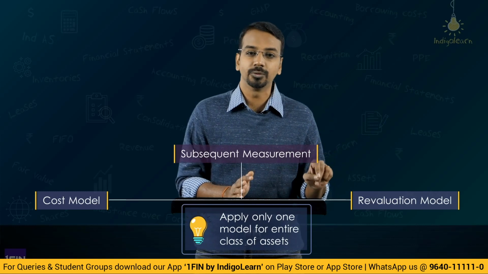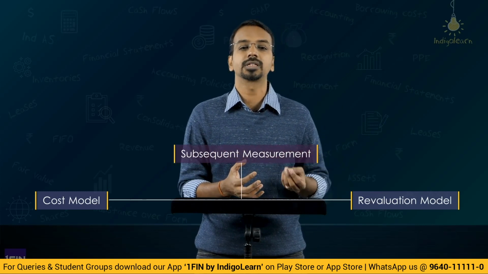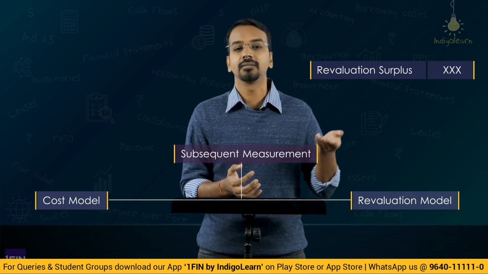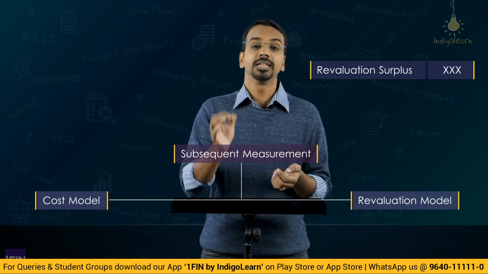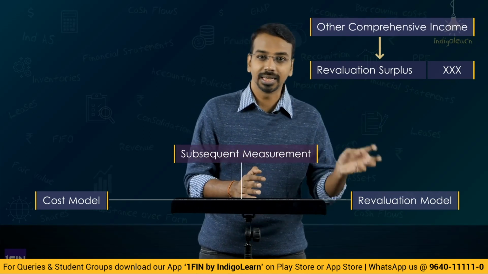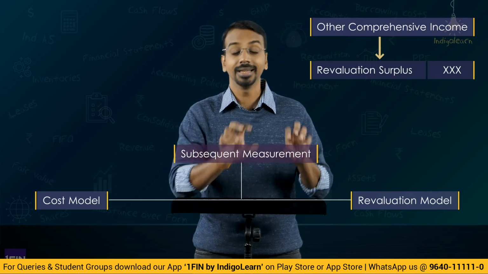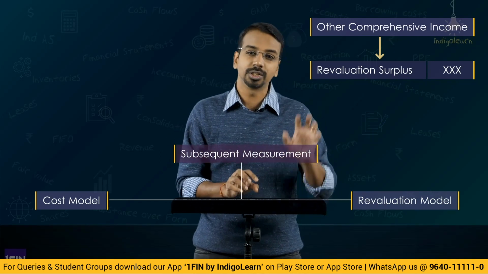Now, whenever we revalue an asset, whatever surplus is generated, because we are increasing the value of an asset, that surplus is shown under revaluation surplus under other comprehensive income. You cannot take it to P&L, you cannot take it to retained earnings directly. It has to be shown under revaluation surplus.